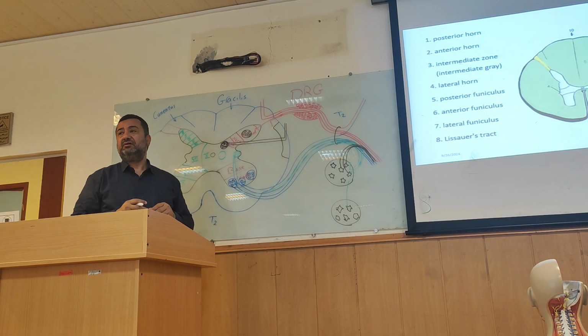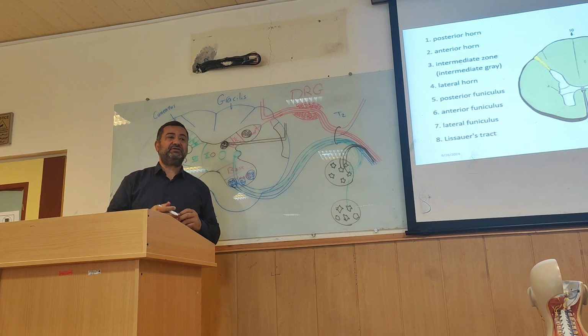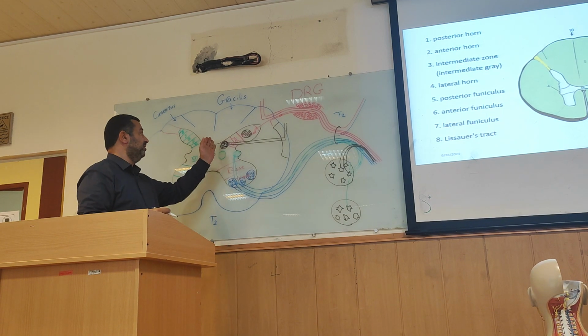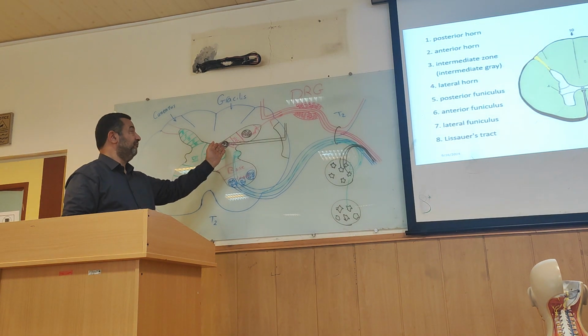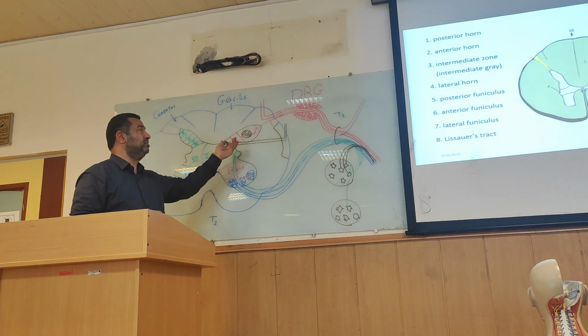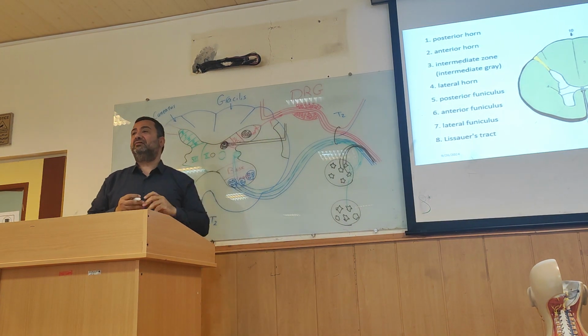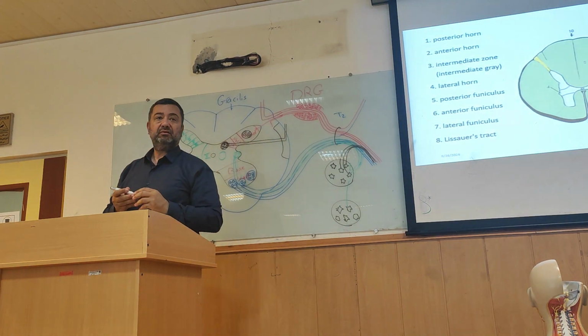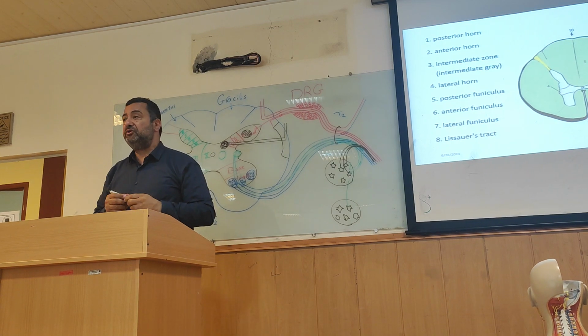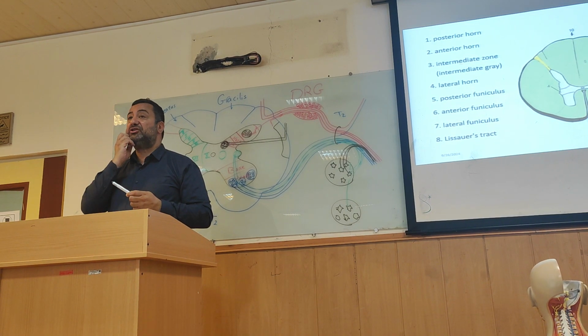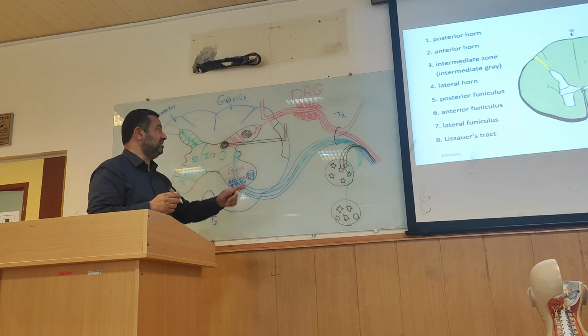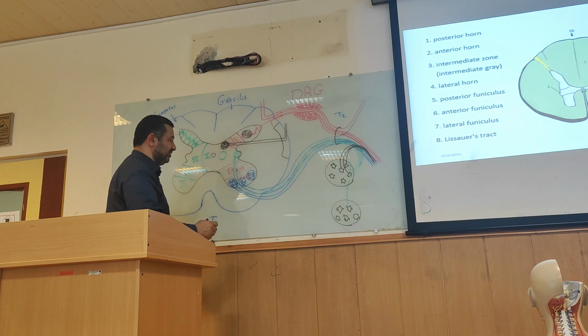Here is the ascending tract: these fibers from Clark's nucleus ascend in the posterior spinocerebellar tract. This is the posterior spinocerebellar tract.